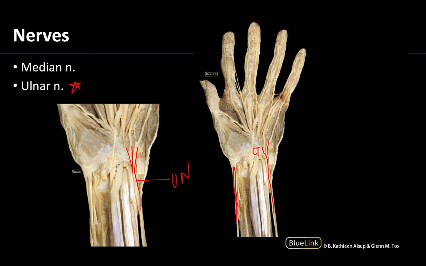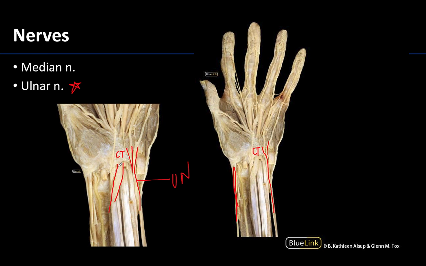Now over here, this is the roof of the carpal tunnel. And so the median nerve does traverse the carpal tunnel. So that median nerve is going to be deep to this ligament that's creating the roof of the carpal tunnel, called the transverse carpal ligament or flexor retinaculum. We'll talk more about that in the carpal tunnel video.